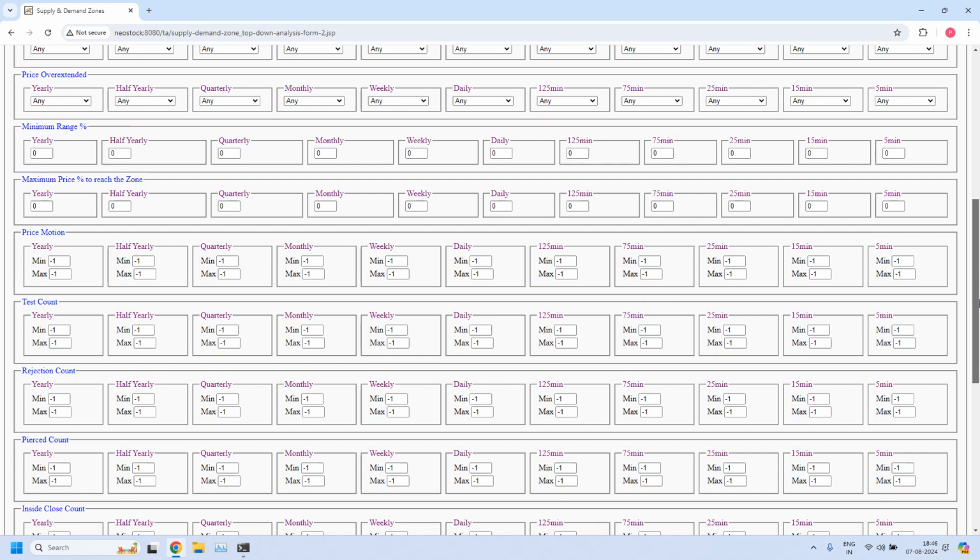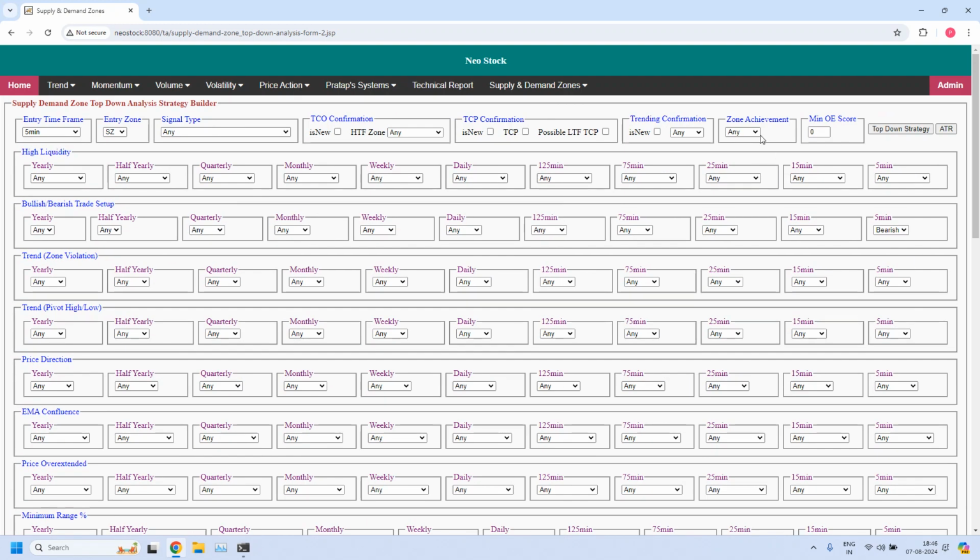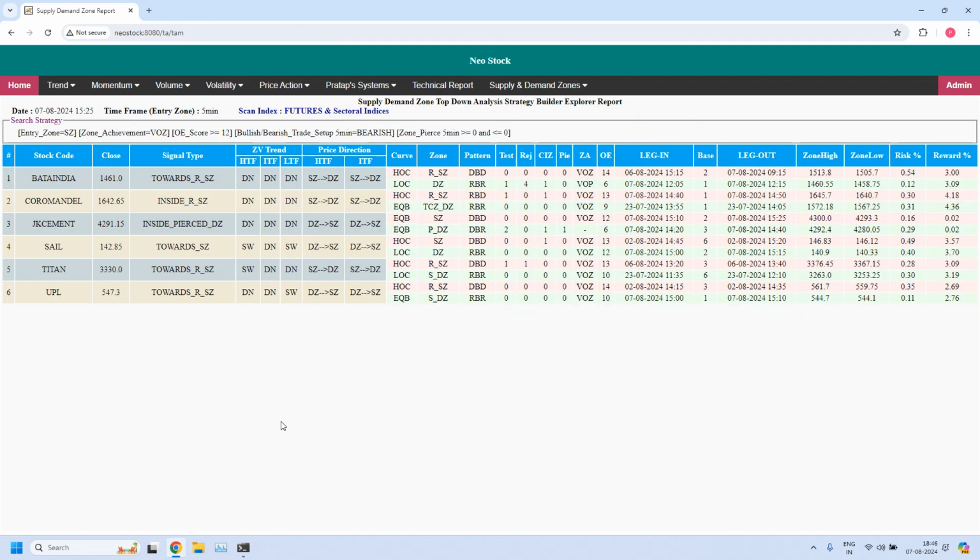Pierced count in the 5 minutes time frame, minimum value I am selecting 0, maximum value I am selecting 0. Zone achievement VOZ, violated opposing zone, minimum order enhancer score 12. Now all the 3 filters are applied to the 5 minute supply zone. Let us filter. 6 stocks are filtered. Currently these 6 stocks are supporting the bearish trade setup for the hourly income trade.